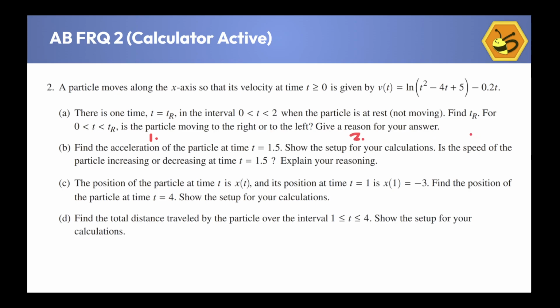The third part is to ask whether the speed of the particle is increasing or decreasing at time t equals 1.5. And for the fourth part, you need to explain your reasoning.